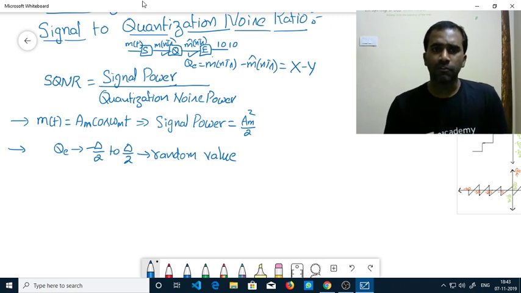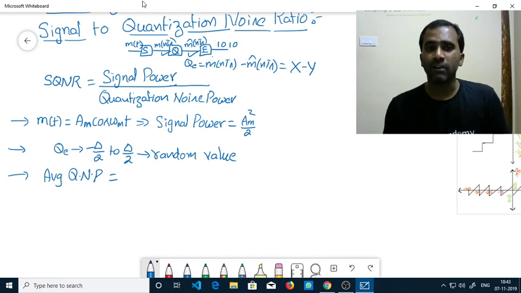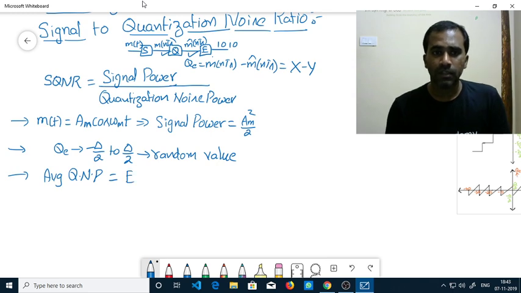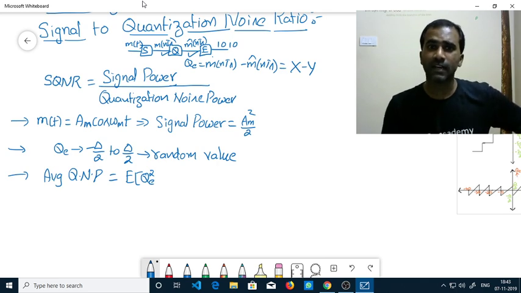Now what we want to find is quantization noise power, or simply average quantization noise power. Nobody says average, but exactly speaking, it is average quantization noise power. How can you find it? Whenever you want to find the power of a random signal or random voltage, we use the expectation of x square, or in this case, expectation of QE square, where the quantization error QE is a random variable.